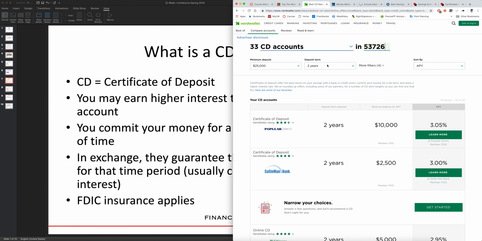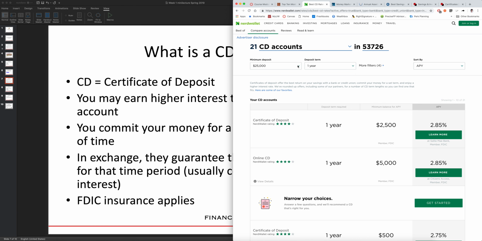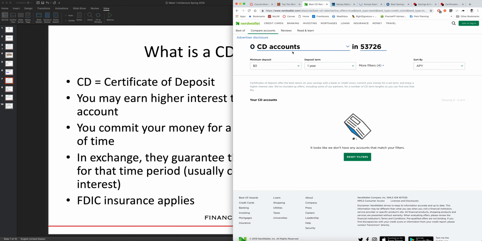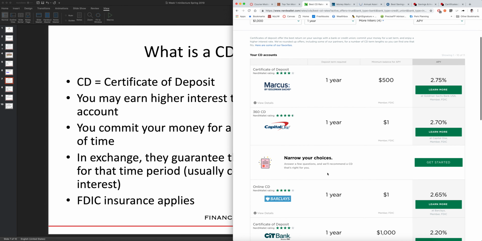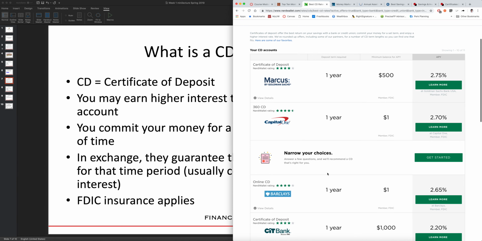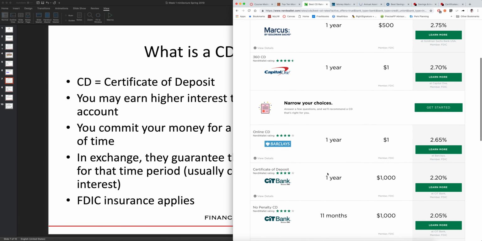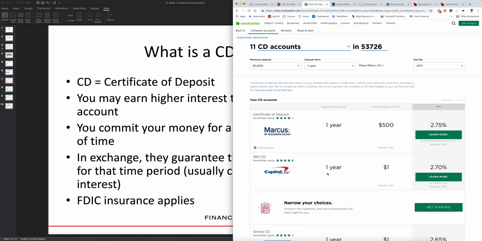Let's say we are interested in a 2-year deposit term. But in today's worksheet, I think it asks about a 1-year period, and about $500. We'll do 1,000. Okay. So here's Goldman Sachs again. They are at the top of the heap for this particular CD flavor.